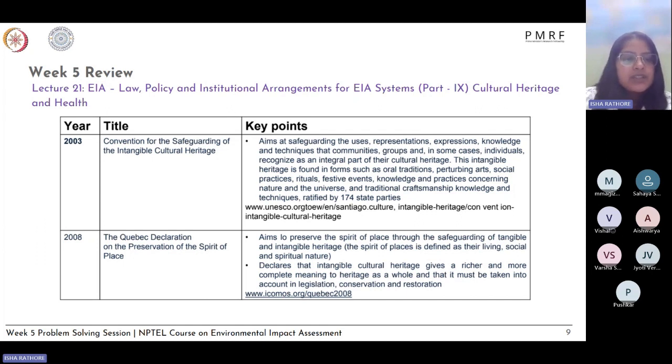In 2008, we had the Quebec Declaration on the Preservation of the Spirit of the Place. So it aims to preserve the spirit of the place through the safeguarding of tangible and intangible heritage. So the spirit of spaces is defined as their living, social, and spiritual nature.